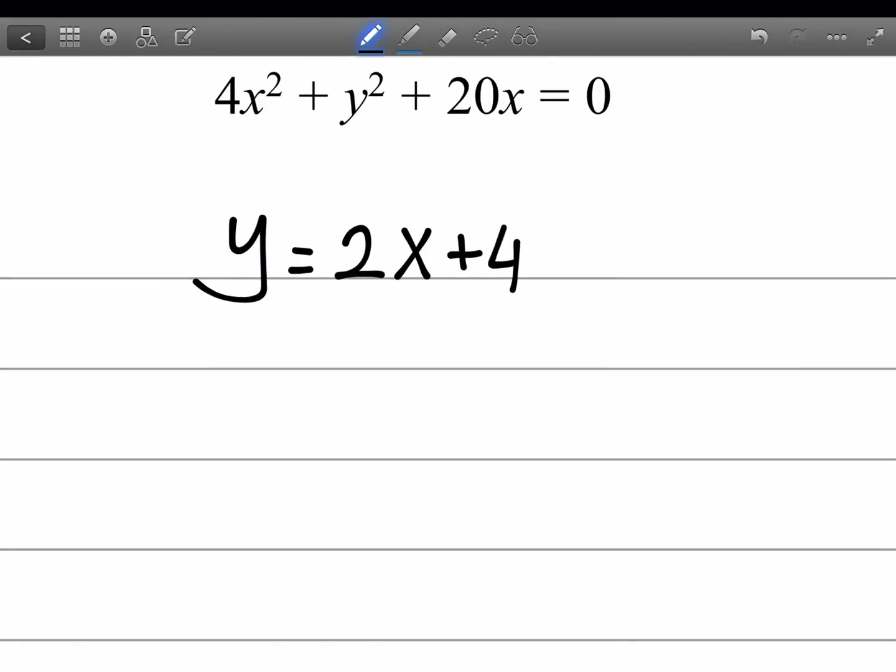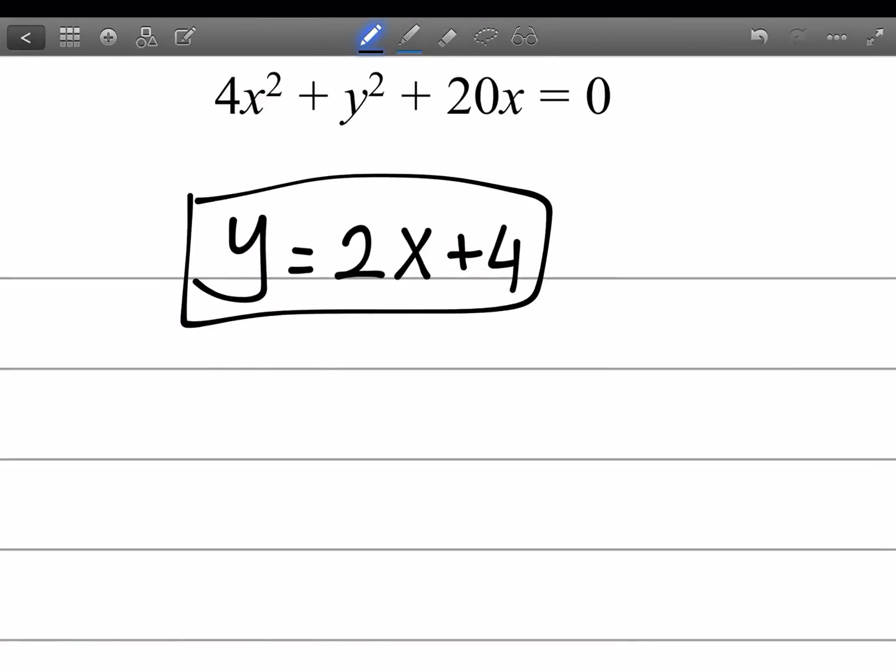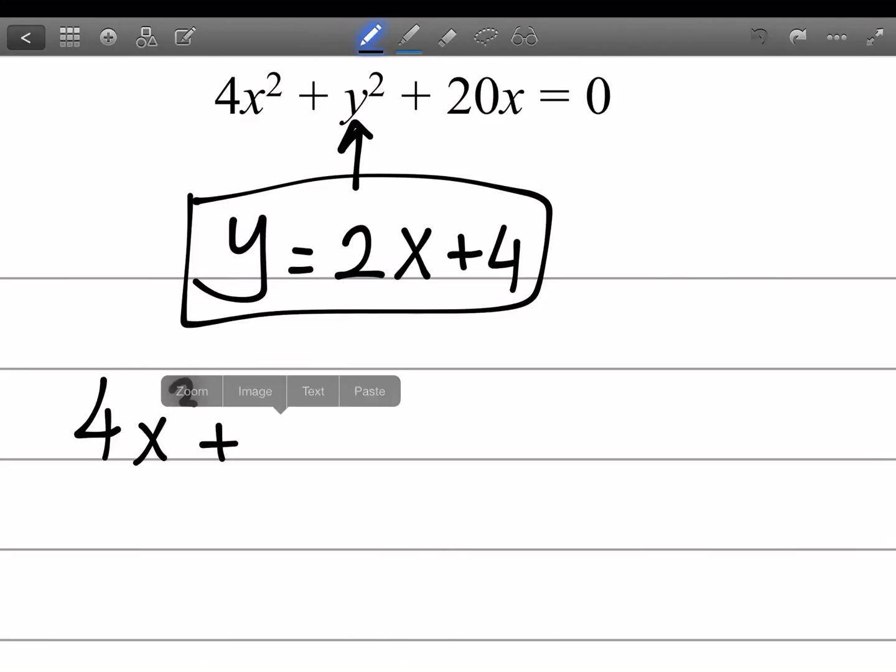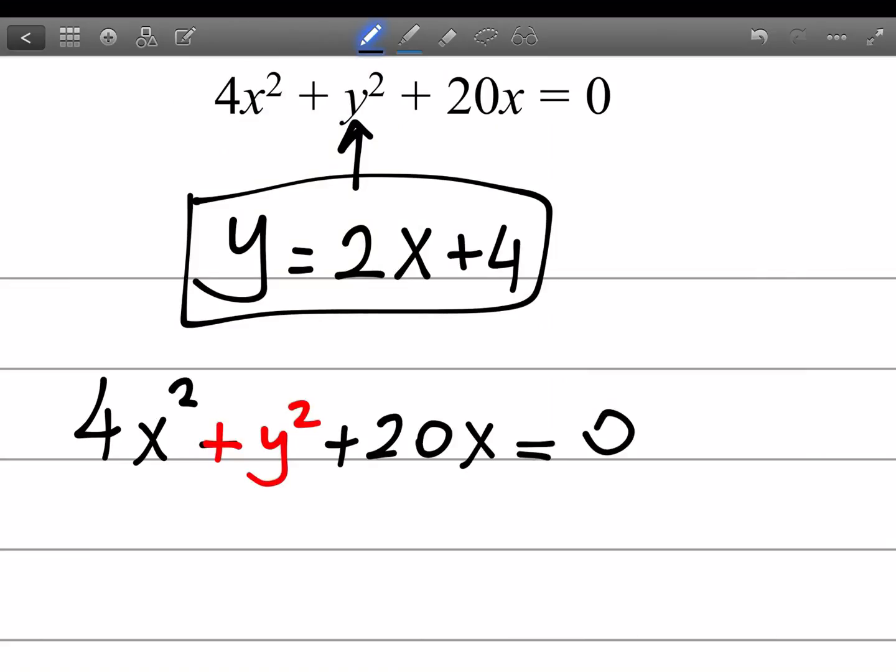And we will put this value of y into the second equation: x squared plus y squared plus 20x is equal to 0.